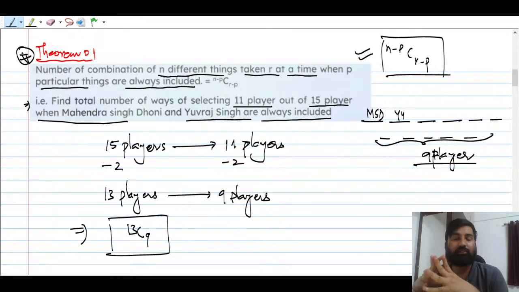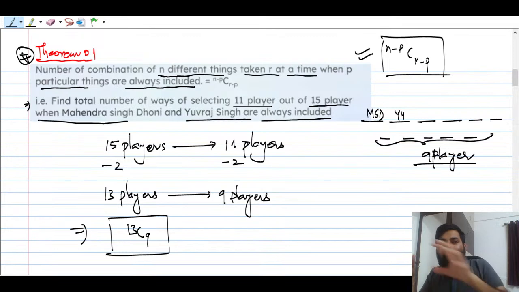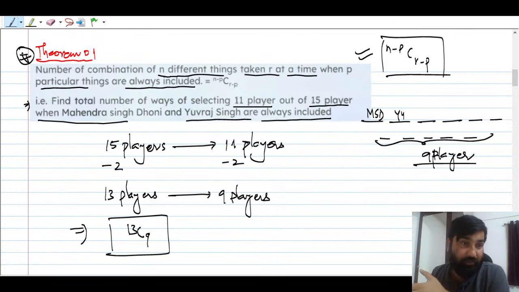So see, if you directly take a look at the theorem, you will not be able to understand the meaning of n minus p C r minus p. But now, since the World Cup is going on and we are free to choose these kinds of examples, take the total number of ways of selecting 11 players out of 15 players.